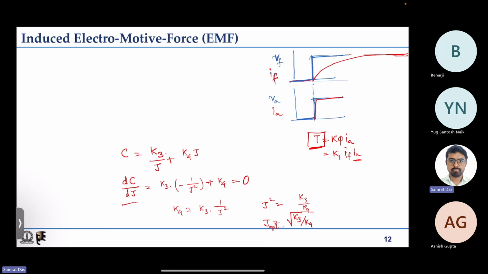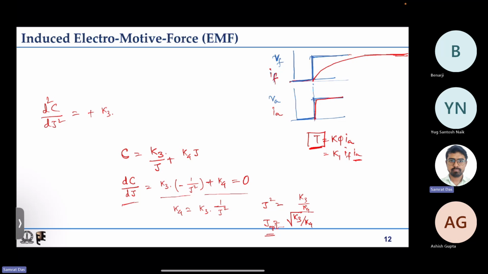And how to understand whether it is minimum cost or maximum cost, because it is only telling you that either C is being minimized or C is being maximized. So if you double differentiate the same cost function, that is if you differentiate this thing, then you will again come back with plus sign K3.